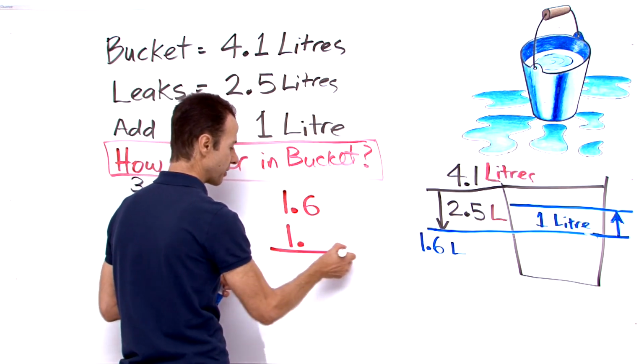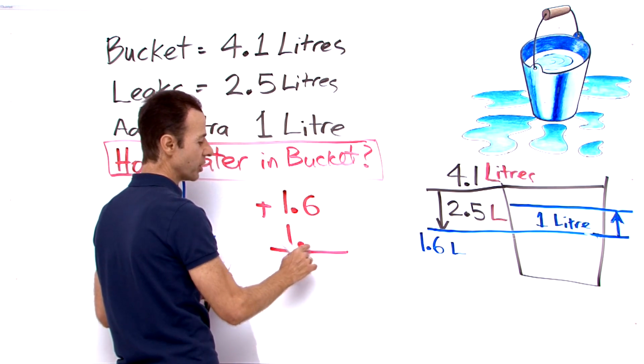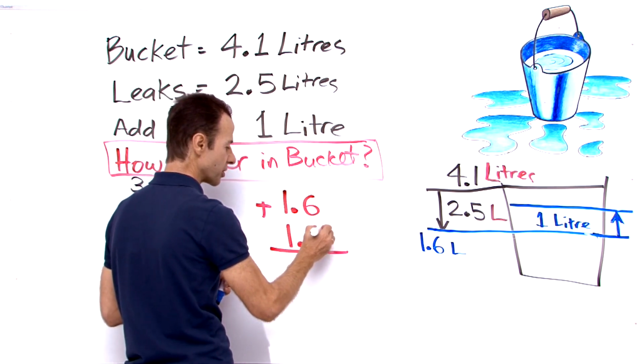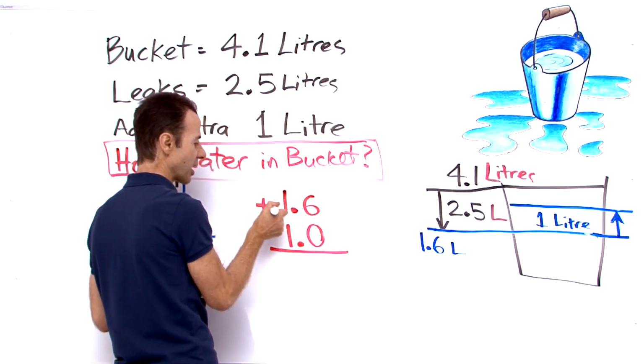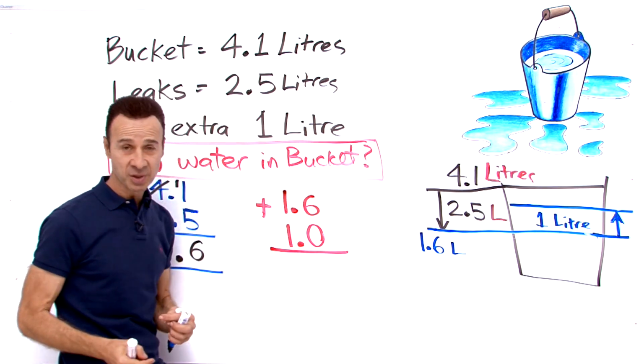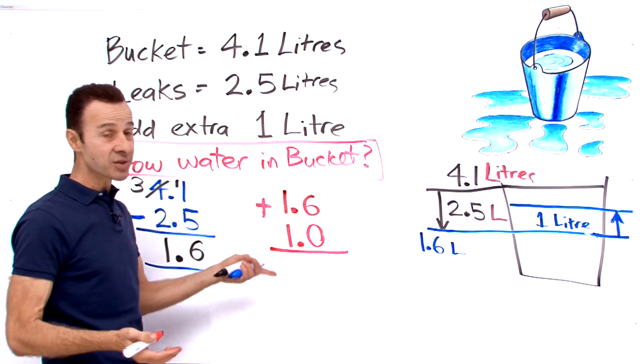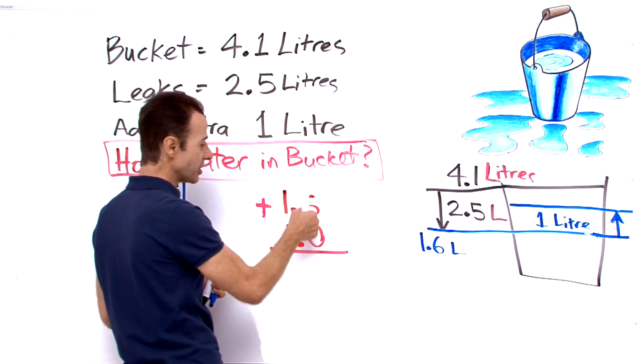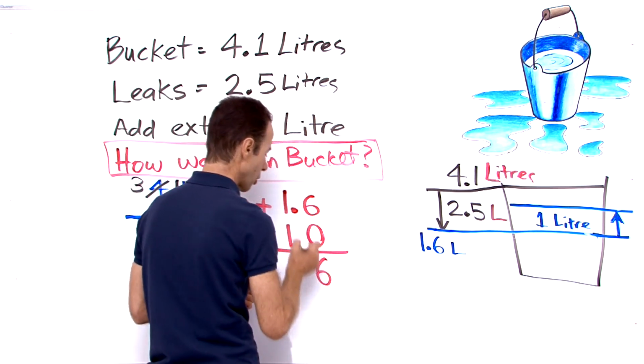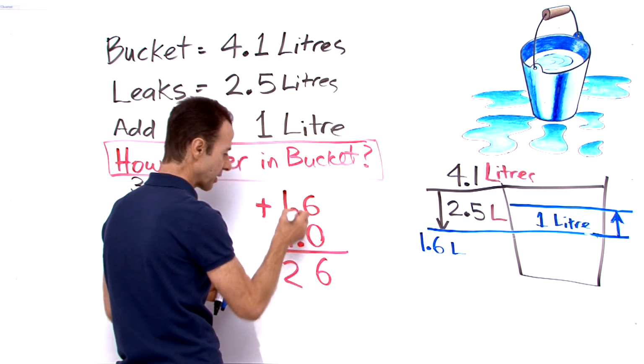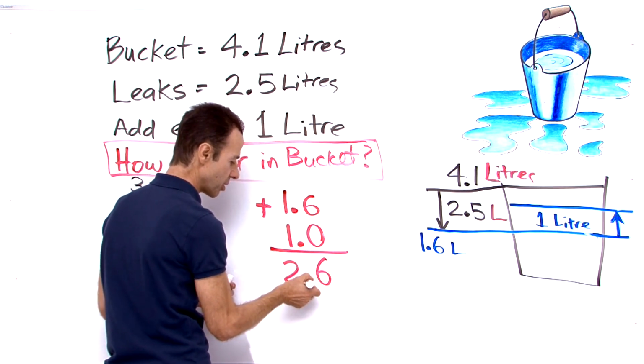Where there's a gap, you just put a 0. So let's add 1.6 plus 1. You know 1.6 plus 1 in your head, just add the two ones, it's 2.6, but we'll do it this way. 6 plus nothing is 6. 1 plus 1 is 2. Take that decimal point and put it right in the middle.